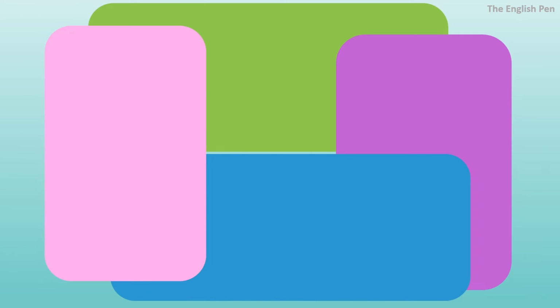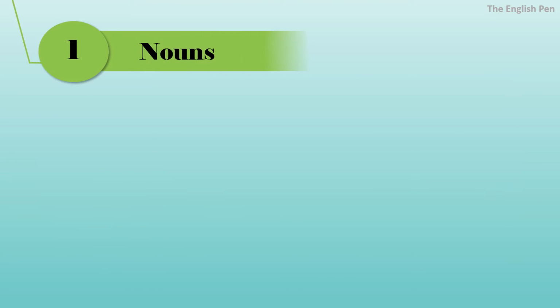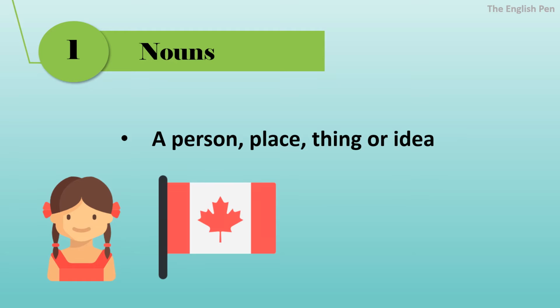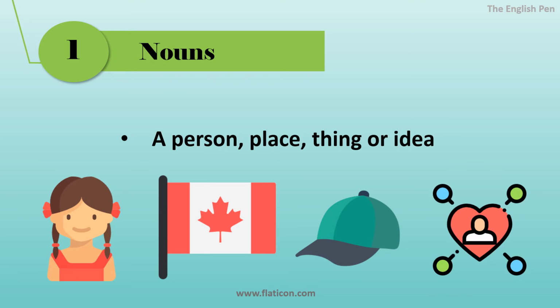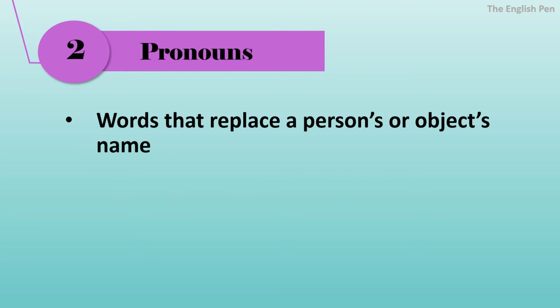Direct objects can come in four forms. Number 1, nouns. Nouns are person, place, thing, or idea. Examples include Sophia, Canada, hat, and kindness. Number 2, pronouns. Pronouns are words that replace a person's or object's name.